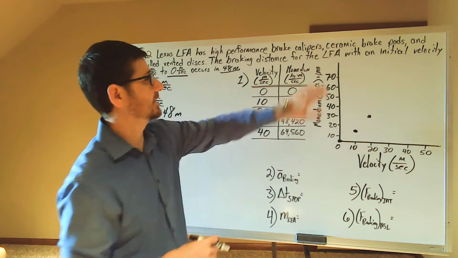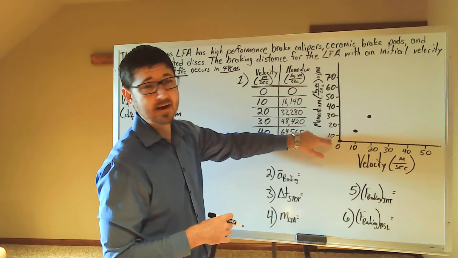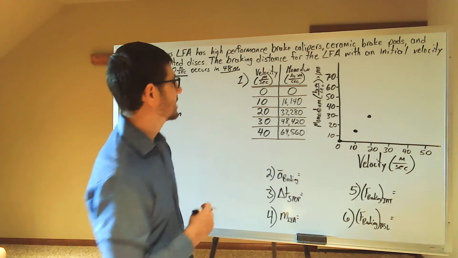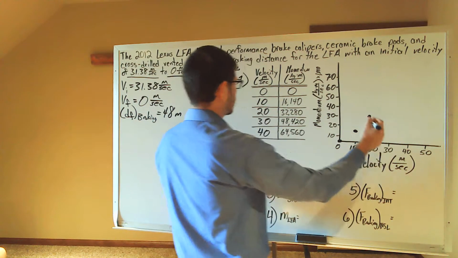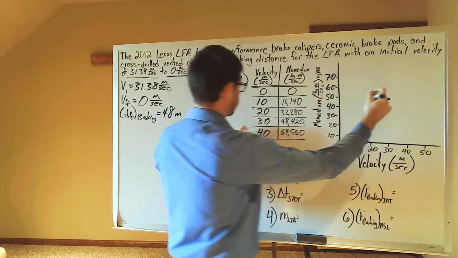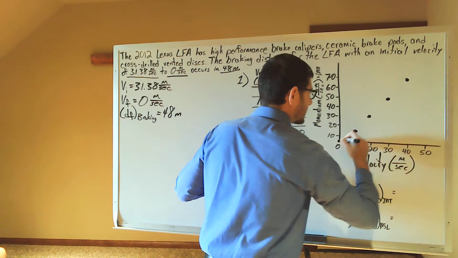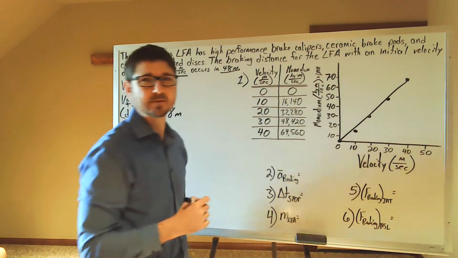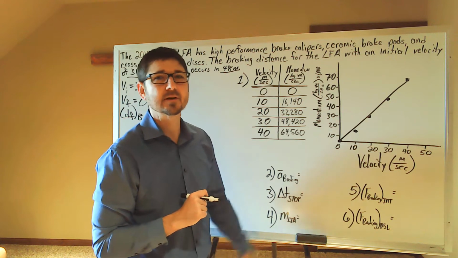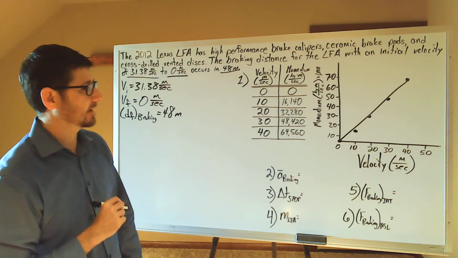On your assignment, it doesn't have times 1,000. I was able to insert the graph with 10,000, 20,000, 30,000, and so forth. But let's complete our graph here. Okay, and we have something that looks like that. So there is a linear relationship between the momentum and the velocity of the Lexus LFA.